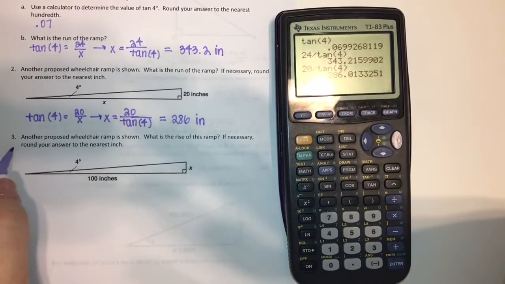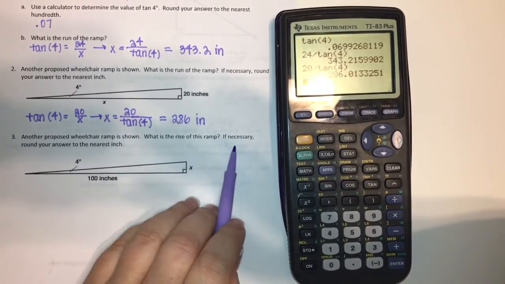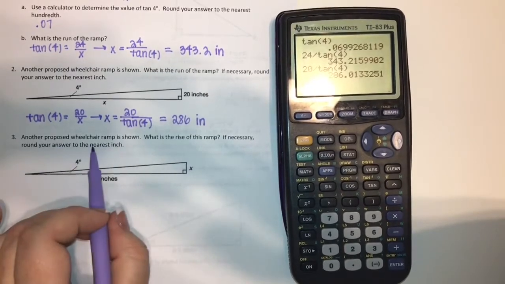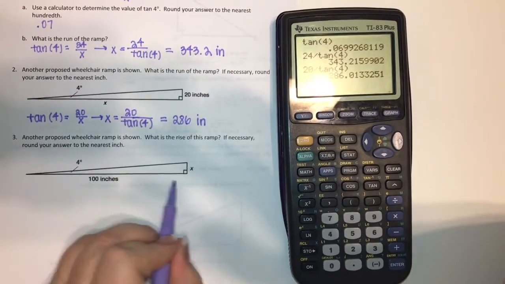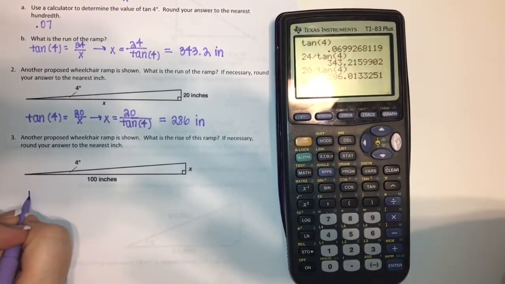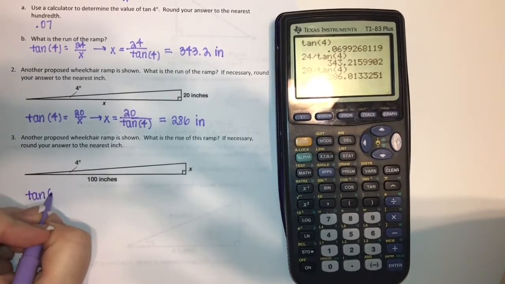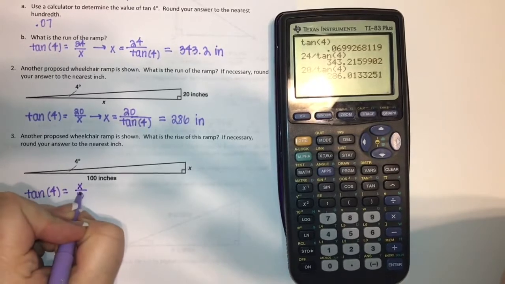And here, number 3, yet another proposed wheelchair ramp is shown. What is the rise of this ramp? If necessary, round your answer to the nearest inch. So now, instead of us looking for the run, we're looking for the rise. And that's going to be our opposite. So here we're going to have tan of 4 equals x over 100.